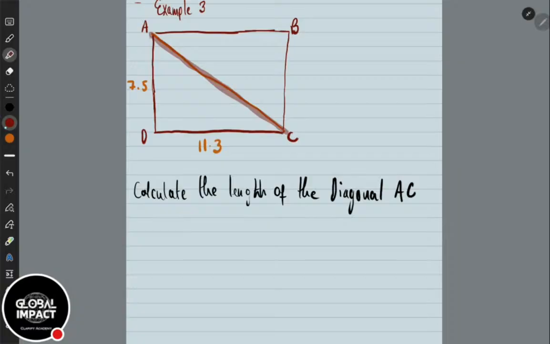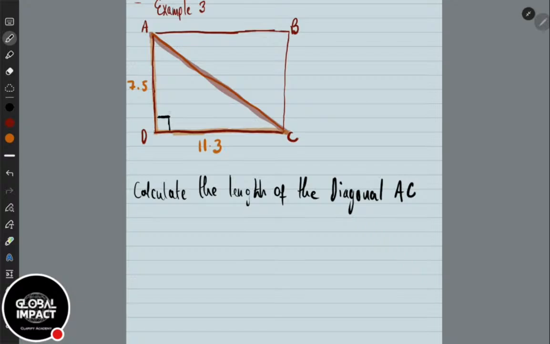Well, what we are going to do is we'll see this triangle. Now we can see the triangle, and this is like a right angle.